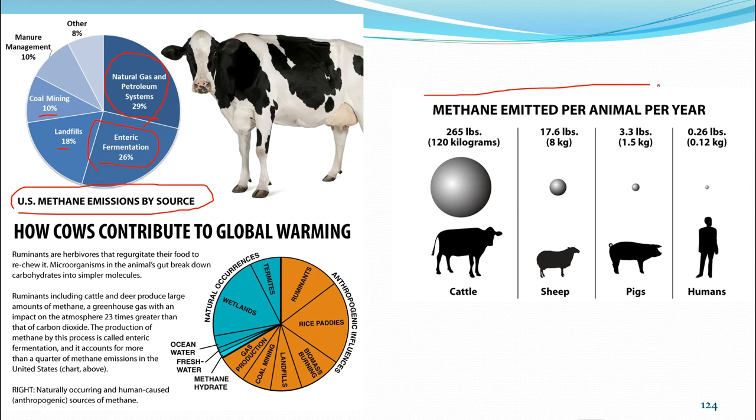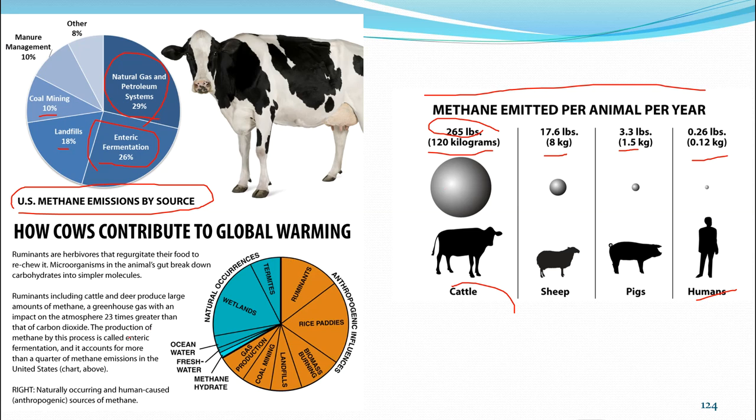Whereas methane emitted per animal per year is, for cattle, 265 pounds or 120 kilograms per year. Then sheep 8 kgs, goat and pigs 1.5 kgs. Of course, humans are also contributing about 120 grams per year.